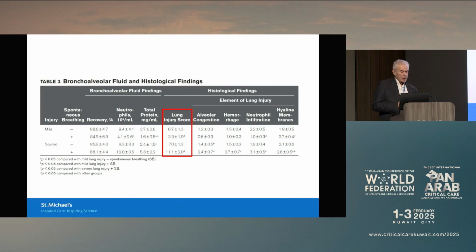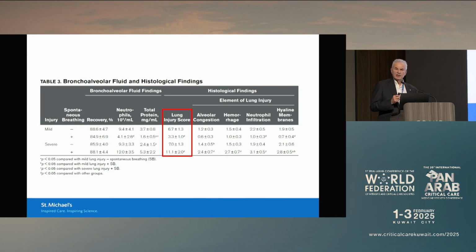The top 2 are mild injury and no spontaneous breathing, and then mild injury with spontaneous breathing. And you can see the lung injury score actually improved. So spontaneous ventilation helped if you have very mild lung injury. With severe lung injury, however, spontaneous breathing did not help. In fact, the injury increased.